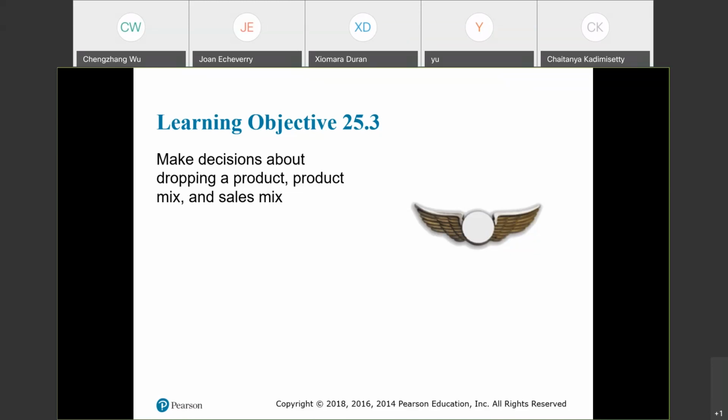Irrelevant information, again, only clouds the picture and creates information overload. Irrelevant information should not be considered. Well, this is the first point. Second, use a contribution margin approach that separates variable cost from fixed cost.